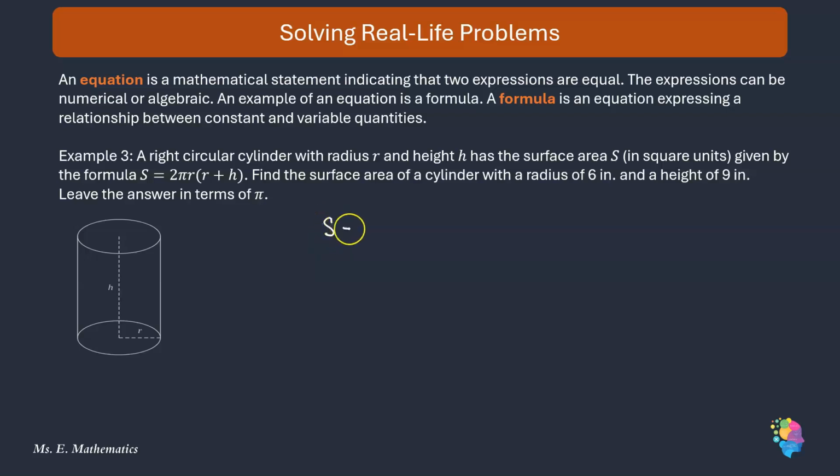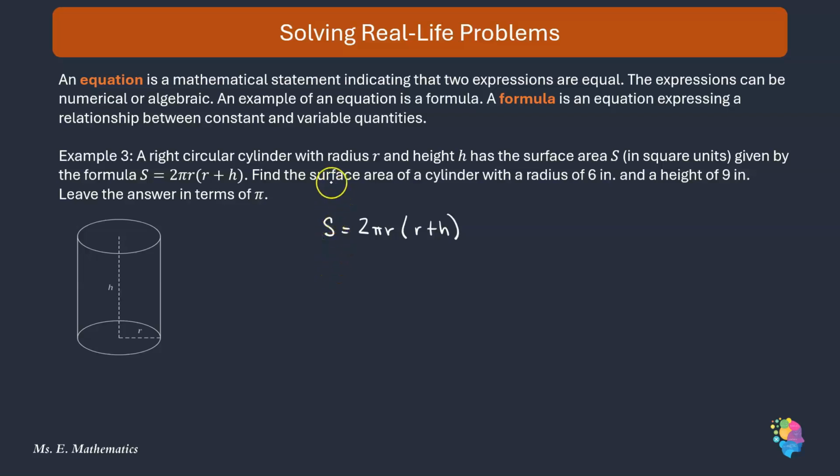So S equals 2 pi r parentheses r plus h. This formula is an equation because you have two expressions, the left one and the right one, and you have an equal sign between them. If there's not an equal sign, then it's not an equation, it's just an expression.